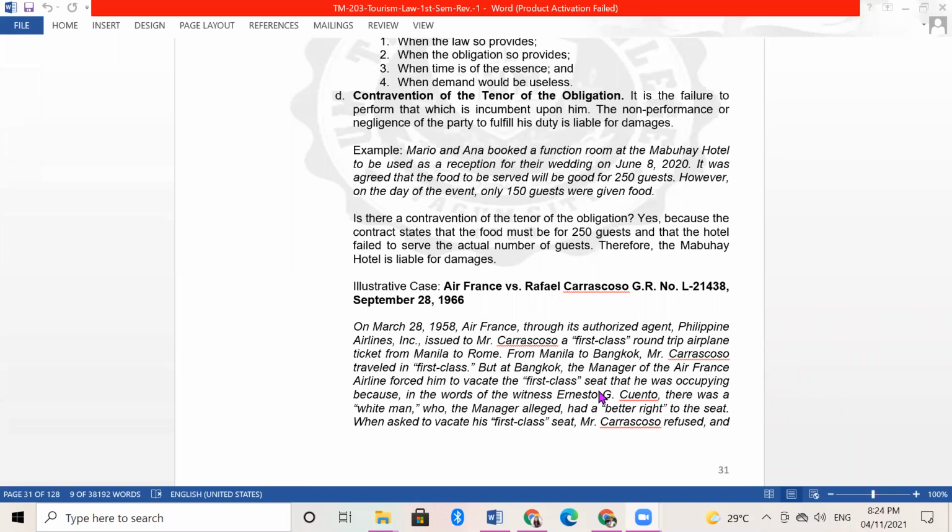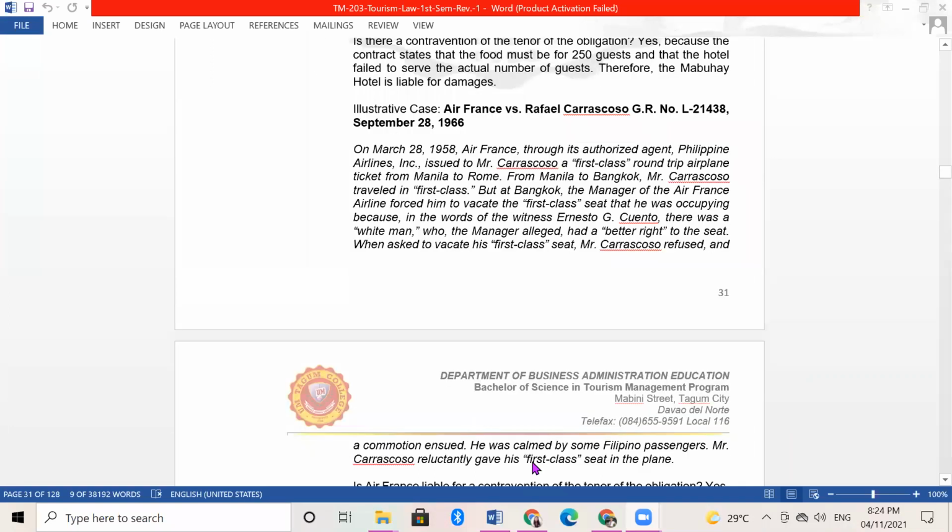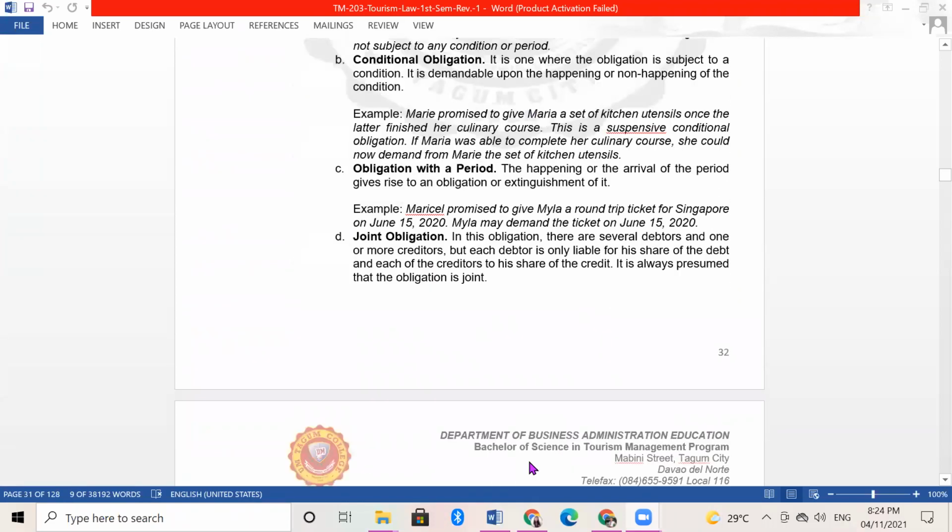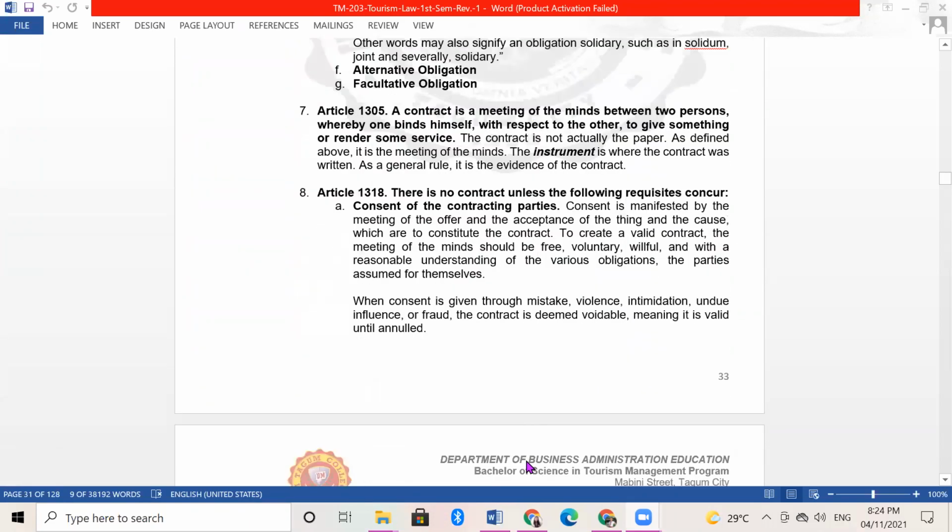Consent is manifested by the meeting of the offer and the acceptance of the thing and the cause, which are to constitute the contract. To create a valid contract, the meeting of the mind should be free, voluntary, willful, and with a reasonable understanding of the various obligations the parties assume for themselves.